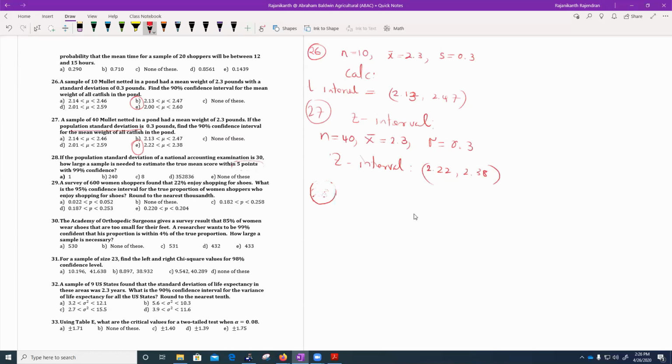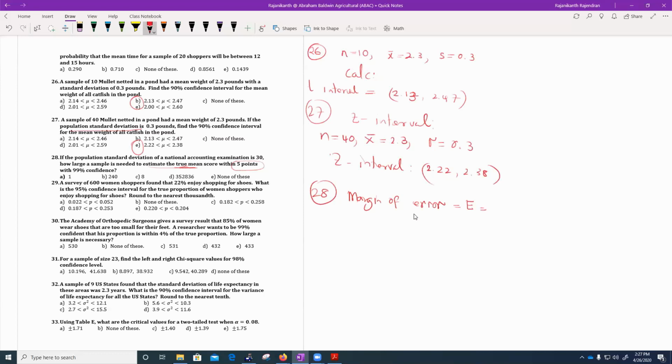Remember, the problem is now you are estimating the mean, right? So remember, under the mean, the margin of error. You can go and check our note. The margin of error for the confidence interval for mean is given by, we use big E as a margin of error.